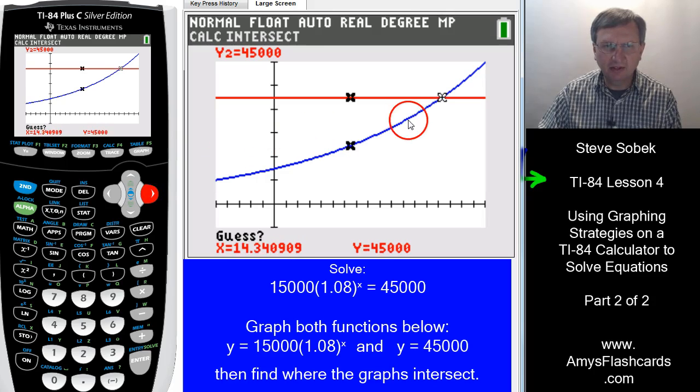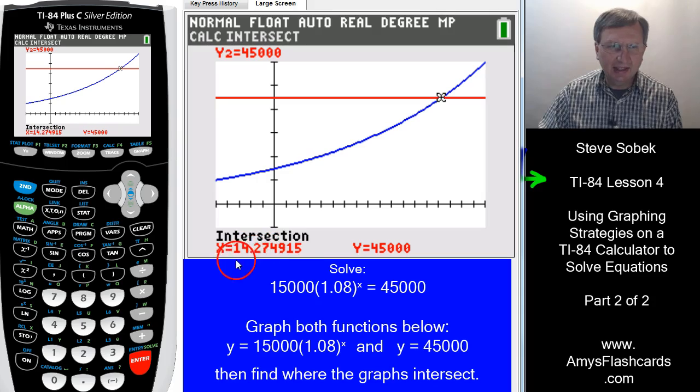We're going after this guy over here. So hit enter to accept that. And lo and behold, it gives us the point of intersection. And notice that that is the same x value that we had before with method 1 when we were finding the zeros of the function. Of course, that was when the y value was 0.